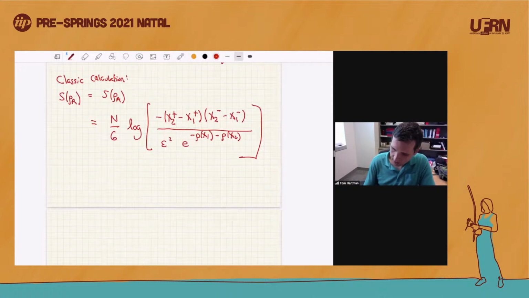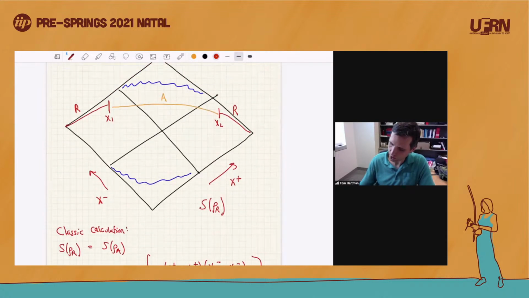To get some intuition for what this formula is telling us, I want to take x1 and x2 up to scri plus. That is, on this picture, I'm imagining that there's some observer very far away from the black hole who's collecting the Hawking radiation. So we take this point up near scri plus.